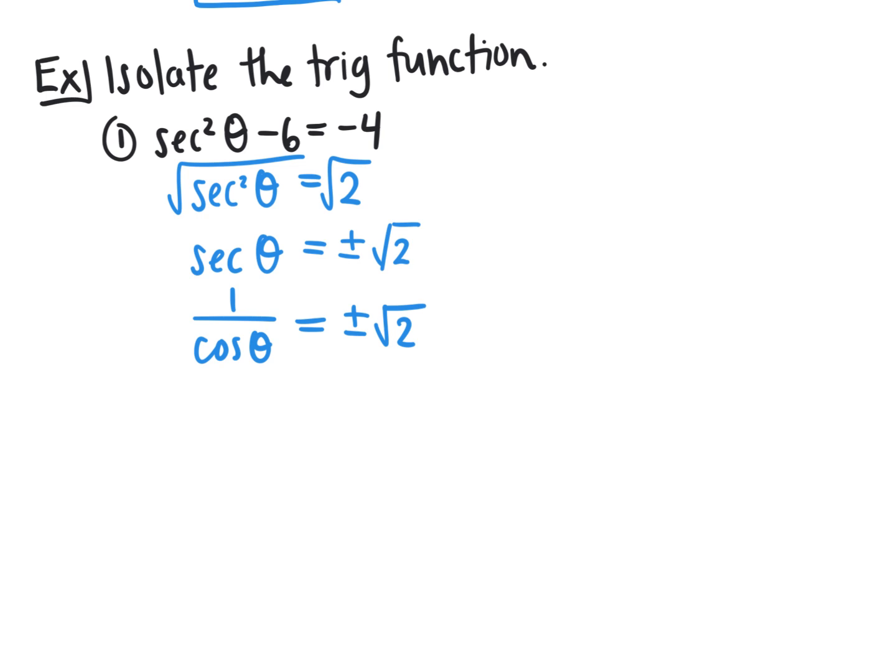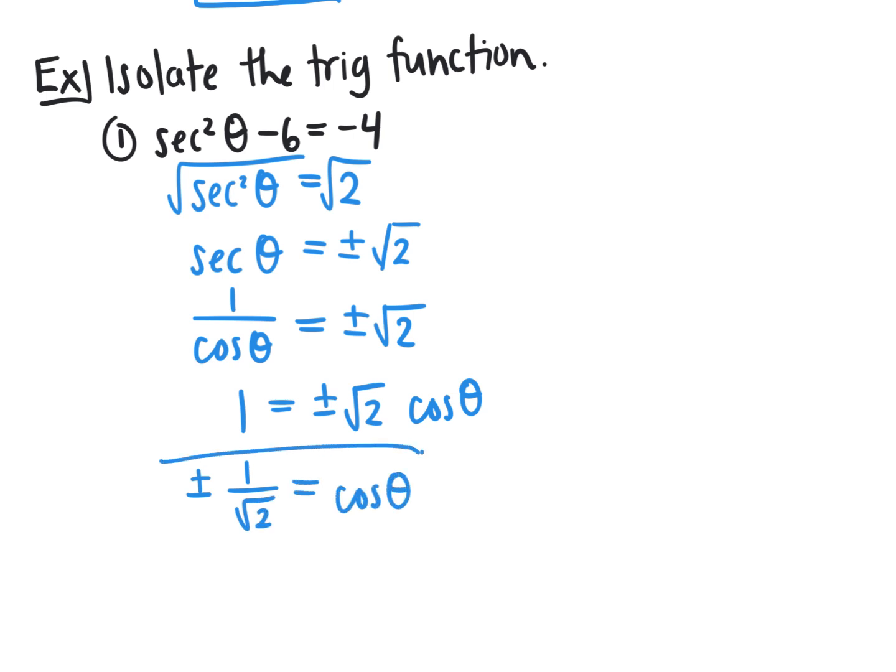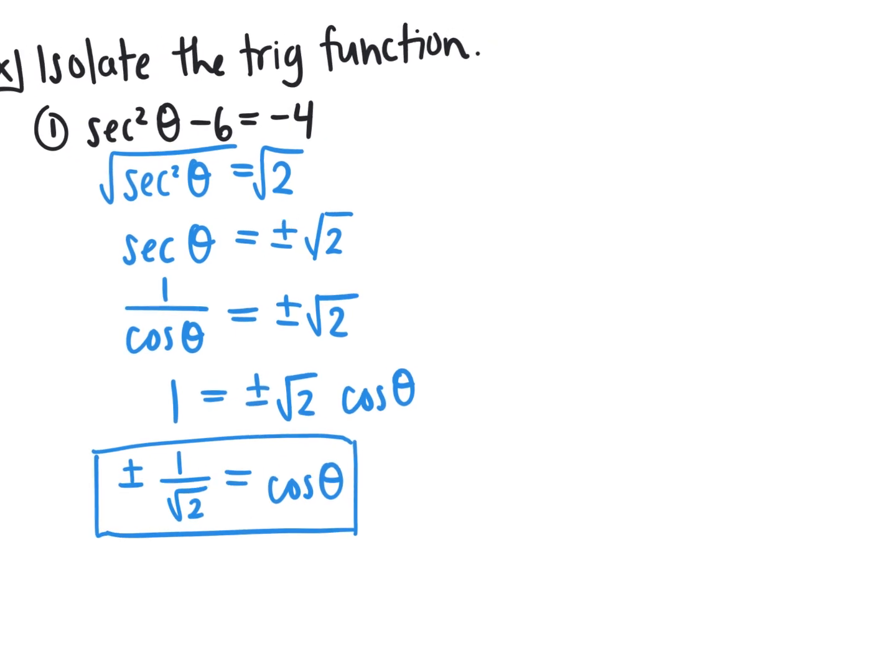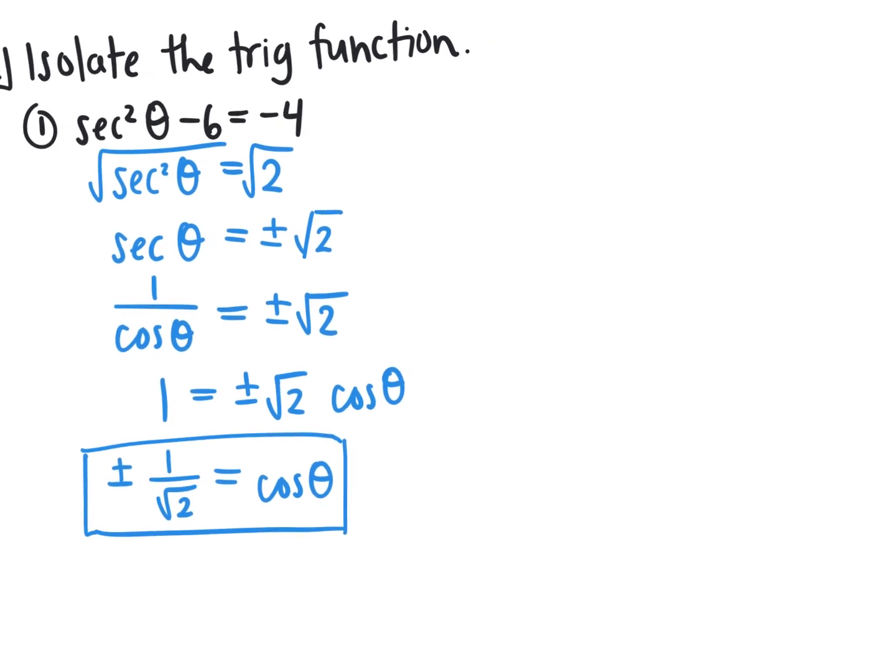So if I multiply both sides by cosine of theta, I know this looks weird, and then I divide by this root 2, I get plus or minus 1 over root 2 equals cosine of theta. We'll work with this because at least then I can study a cosine graph and then figure out what my x is going to be from there.